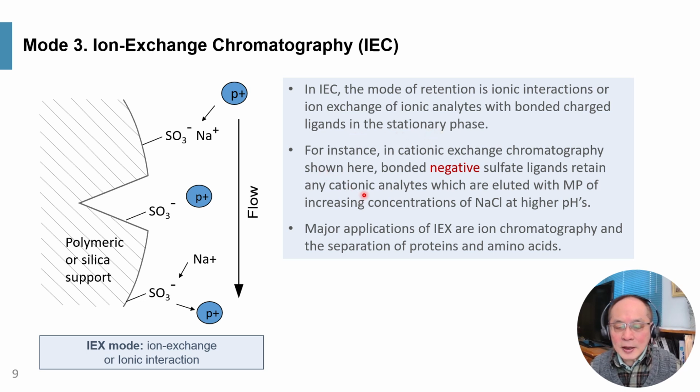For instance, in cationic exchange shown here, the bonded negative sulfate ligand retains any cationic analyte, which are eluted with a mobile phase of increasing concentration of sodium chloride to displace the bound cationic analyte ions, or operating at higher pH where, if it's a weakly basic ion, it would lose its charge.